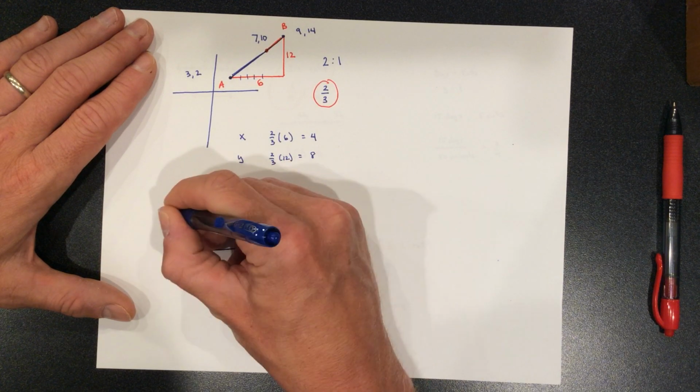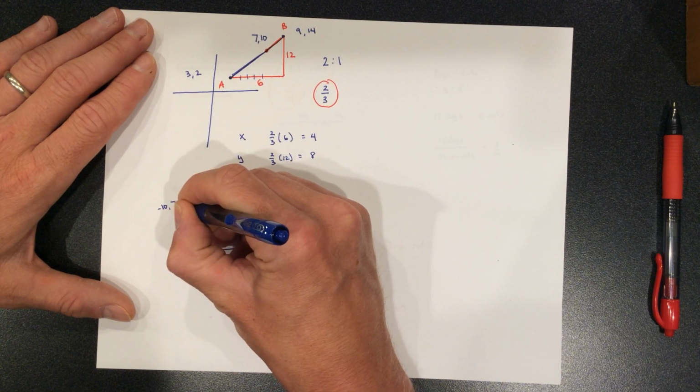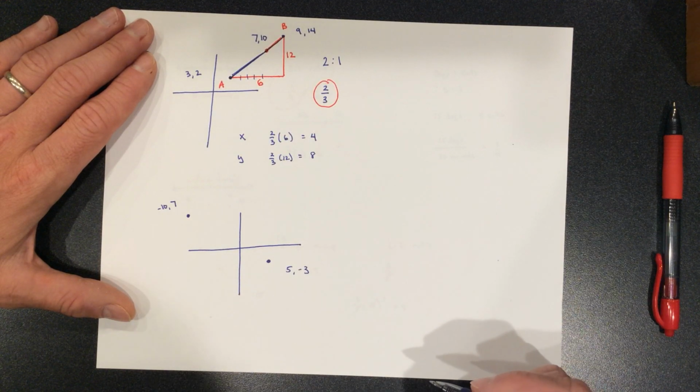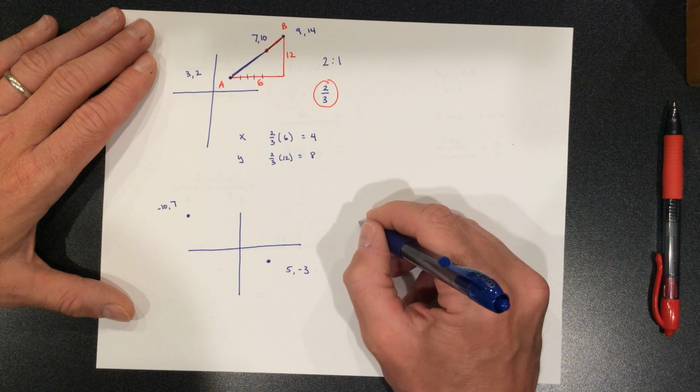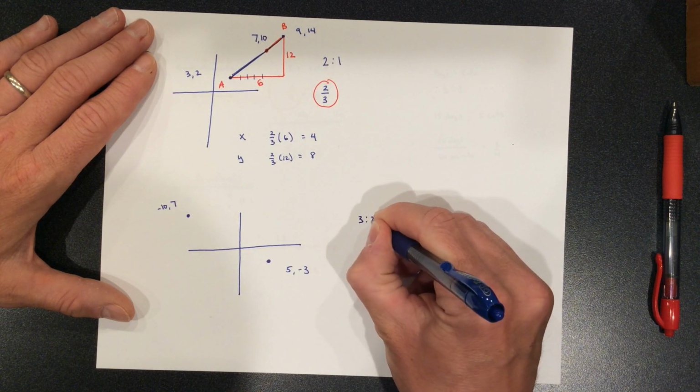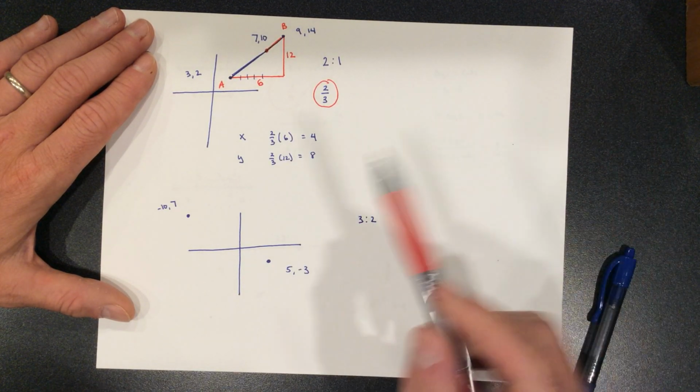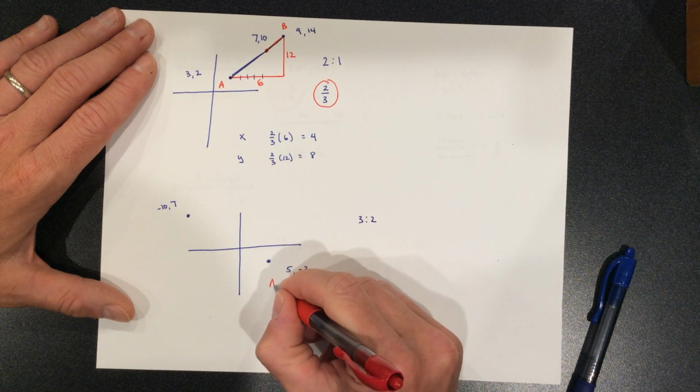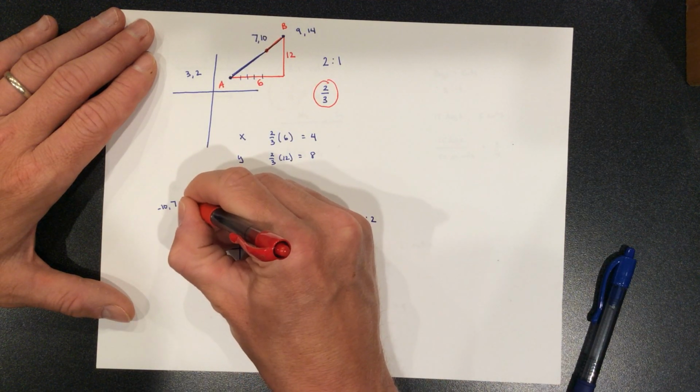Negative 10, 7. Okay. And let's divide this. Oh, in my head, I think I was going to do a 3:2 ratio.